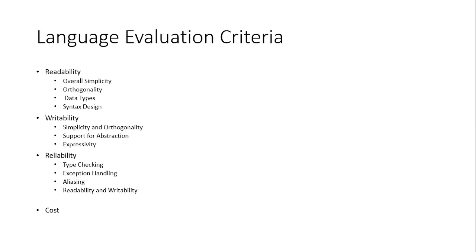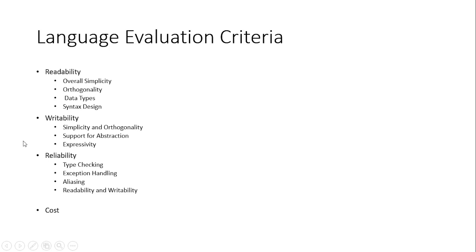And the last criterion is cost. The total cost of a programming language is a function of many of its characteristics. The first is the cost of training programmers to use the language, which is a function of the simplicity and orthogonality of the language and the experience of the programmers. Although more powerful languages are not necessarily more difficult to learn, they often are.